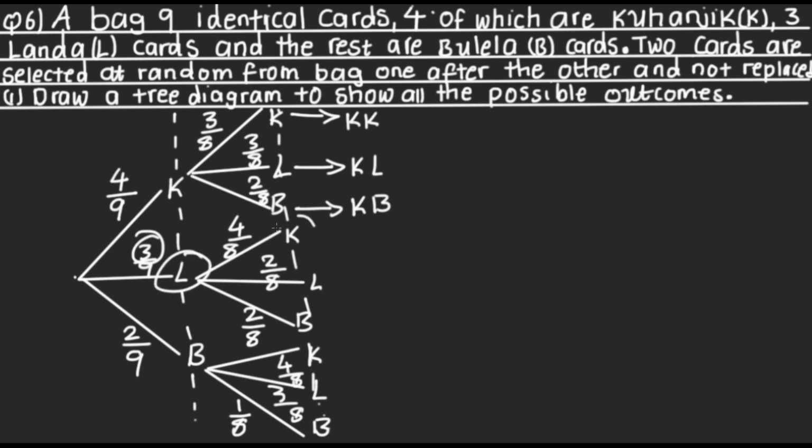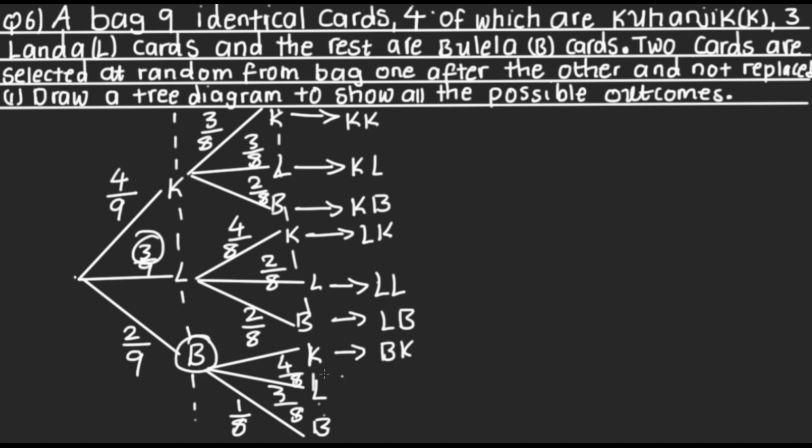Then this one will be LK. This one will be LL. This one will be LB. This one will be BK. This one will be BL.